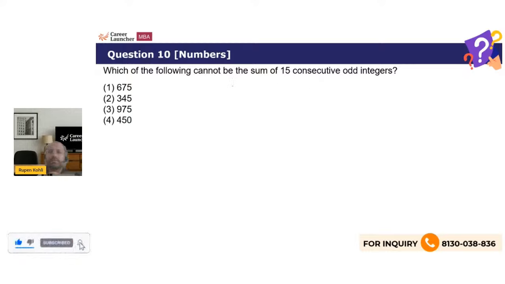In simple terms, the sum of these 15 consecutive integers is going to be 15 into the middle term, and that middle term is nothing but another one of the odd integers. So it should be 15 times an odd integer.